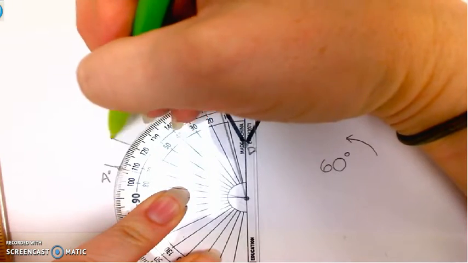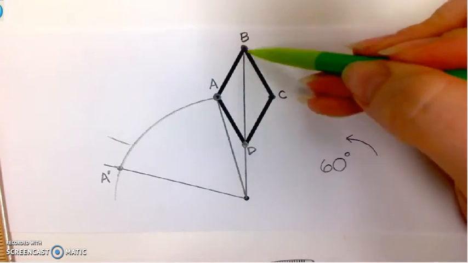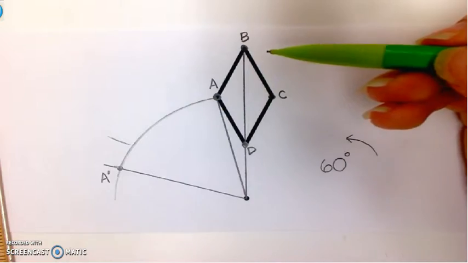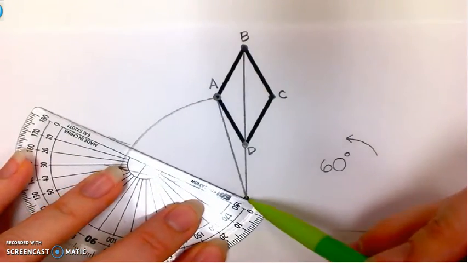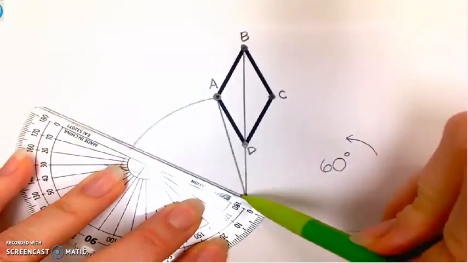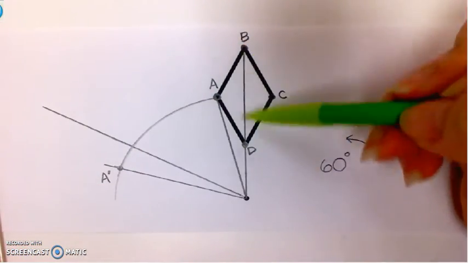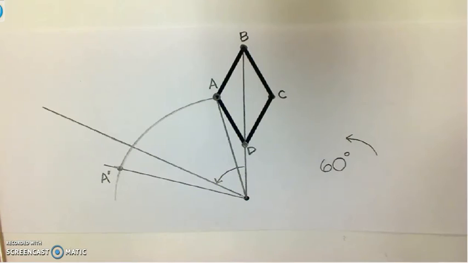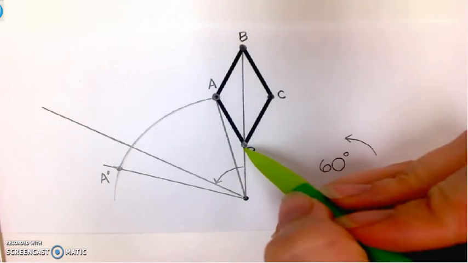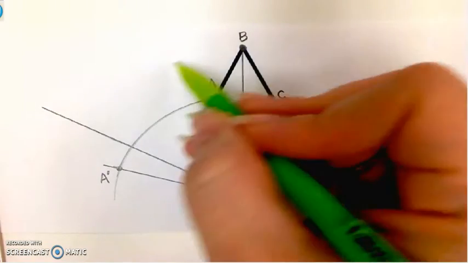And so here's where I would expect this line to be. So this line rotates 60 degrees to this line, and now we just have to find out where D would wind up and where B would wind up.